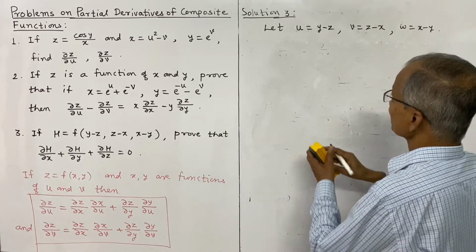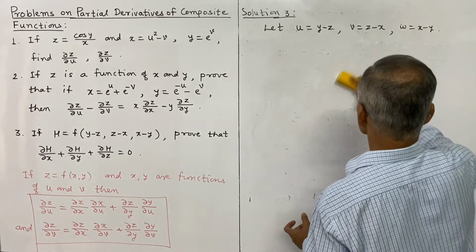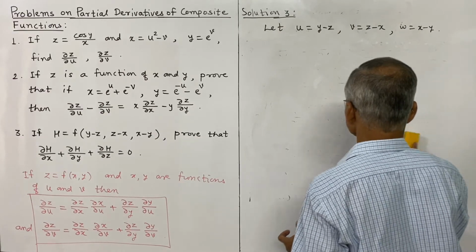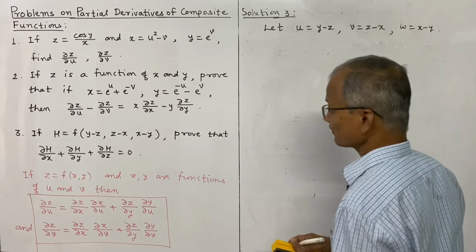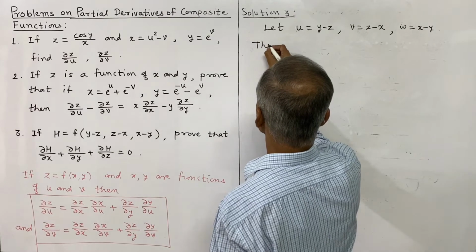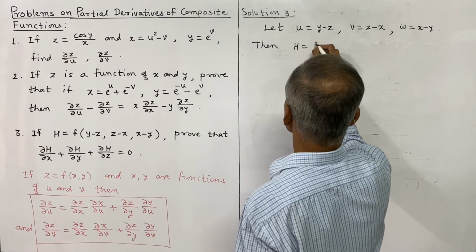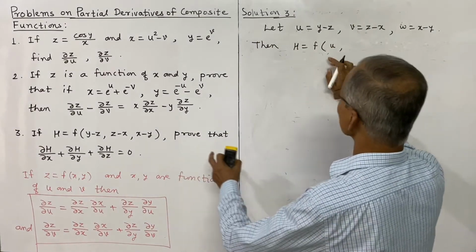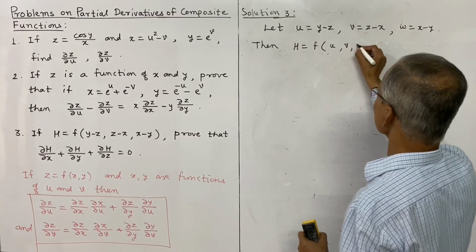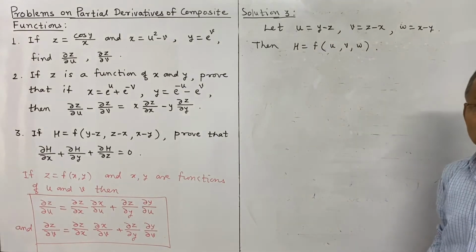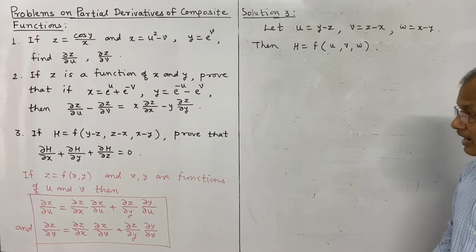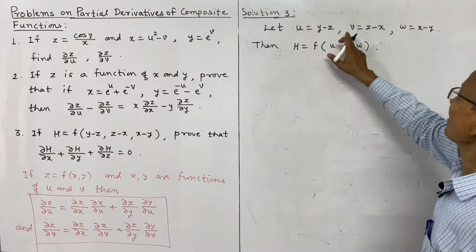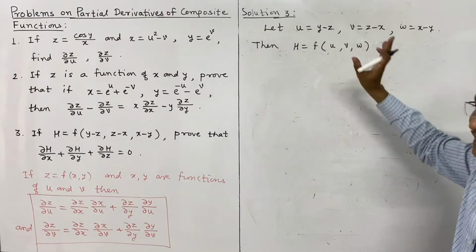We shall assume this. Therefore then h becomes a function of u, v, w, and further u, v, w are functions of x, y and z.